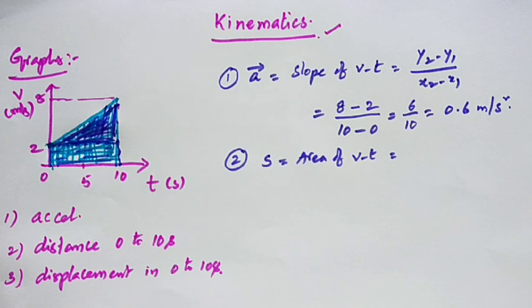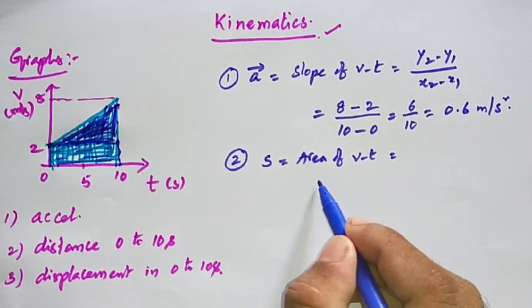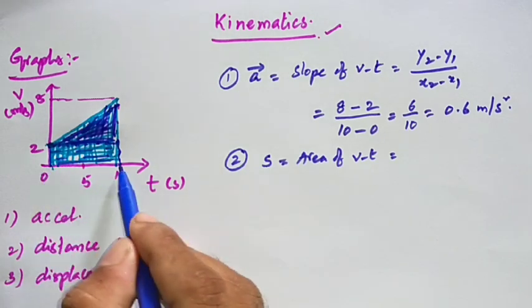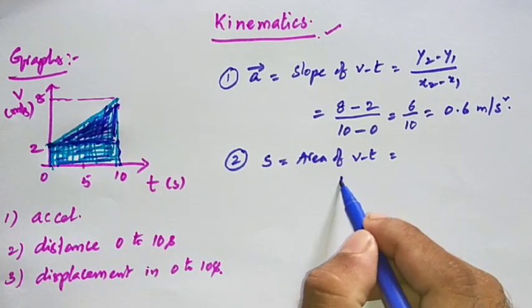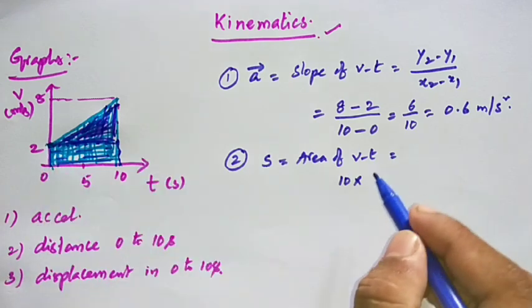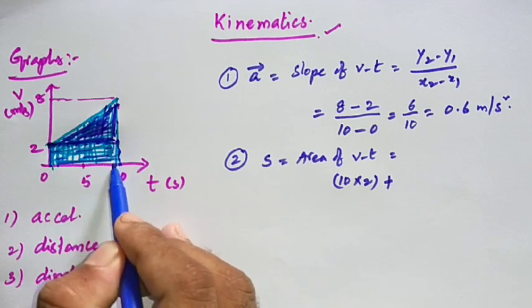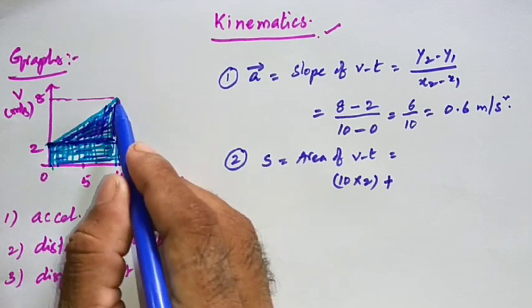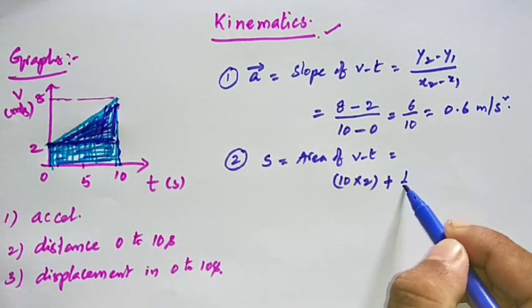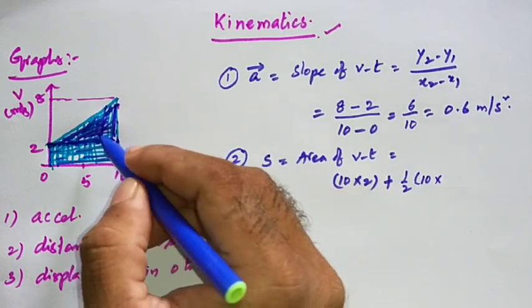Now area of rectangle, how to calculate? We know that length into breadth. What is the length? 10 minus 0, 10, into breadth means height, that is 2. Plus area of this triangle: half into base, 10, into what is the height?